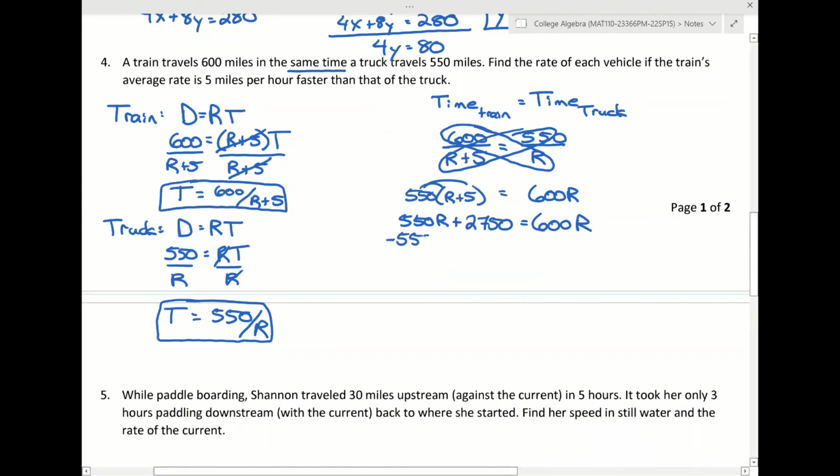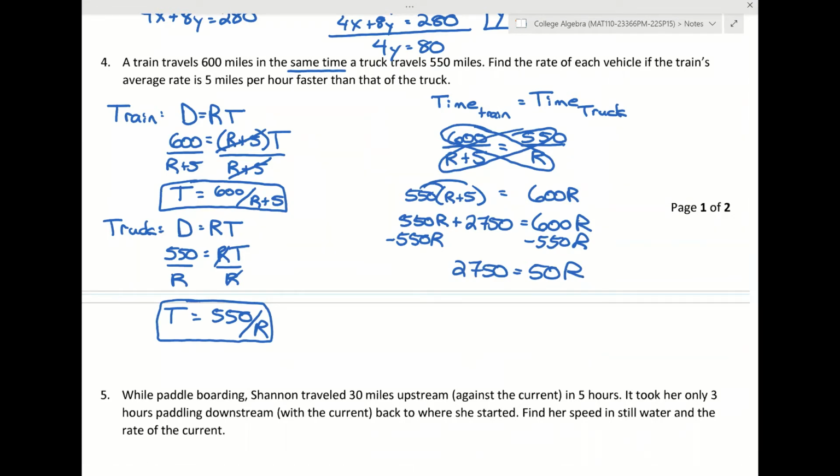Subtract 550R on both sides. You get 2750 is equal to 50R. And then dividing by 50, let's say 2750 divided by 50, we get the speed is 55.